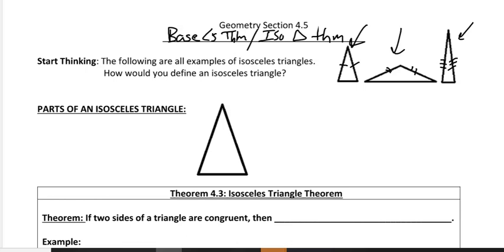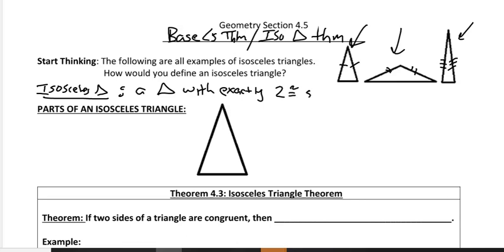So here's your definition: an isosceles triangle is a triangle with exactly two congruent sides, not three, two.